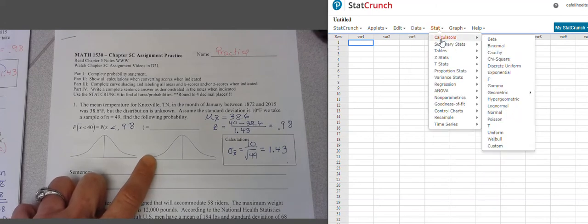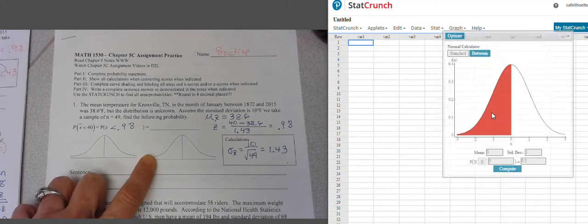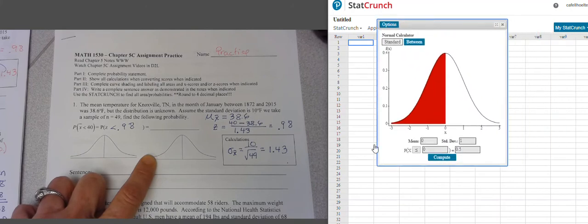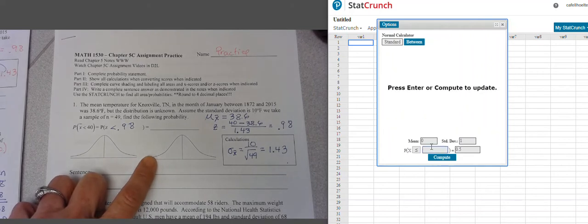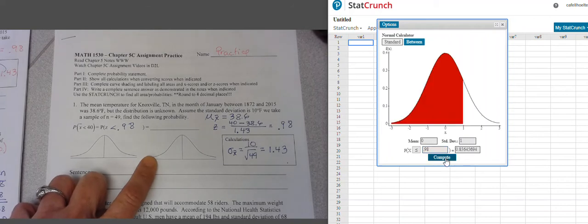Stat, Calculators, Normal, and this is our standard normal. We're working with z-scores, so we keep this 0 and this 1, and we want to know the probability, and this says x but we can't change that, that a z-score would be less than or equal to 0.98, and we get 83%.